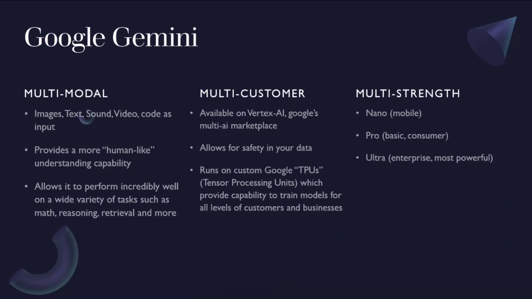They are actually creating hardware specific to running generative AI, which I mentioned earlier was one of the big steps forward that's going to have to happen if AI is supposed to move forward. Tensor processing units is what they're calling them, and they allow you to train models really, really fast for all levels of different businesses, no matter how big or small you are.